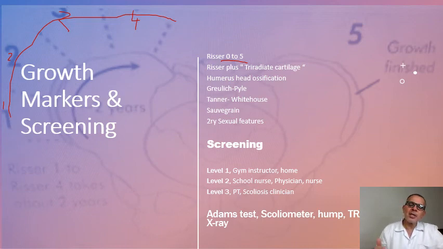Then we have level three, when the screening says, okay, this kid has some suspicion of scoliosis, so we're going to give him to a specialist like a scoliosis clinician or physiotherapist, and it's all done by the same technique, either primitive or very professional: Adams test, scoliometer, hump. Then we have some numbers. When we reach this number, we order X-ray and we go from there.